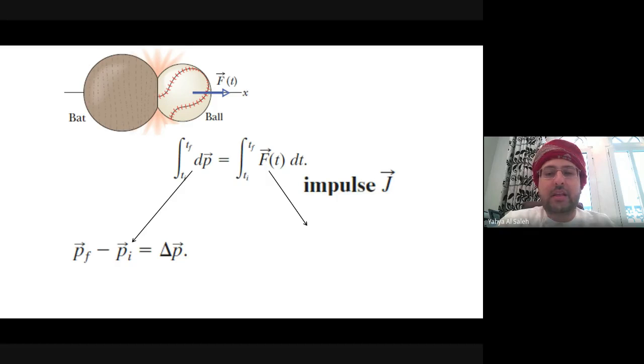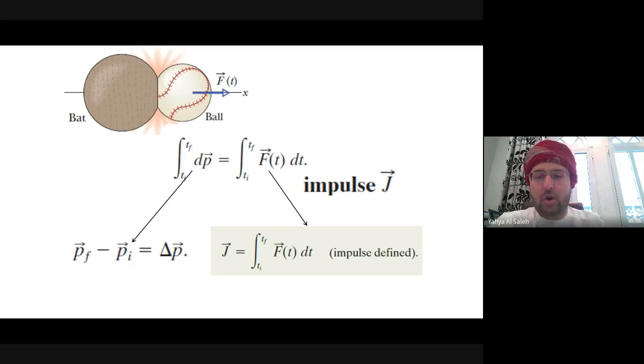On my right-hand side, this F of t dt integrated is what we call impulse, and we give it the capital letter J. So J is equal to the integral of F of t dt. This is our definition of impulse, and we're going to be using it quite a bit to explain why quite a few things happen.